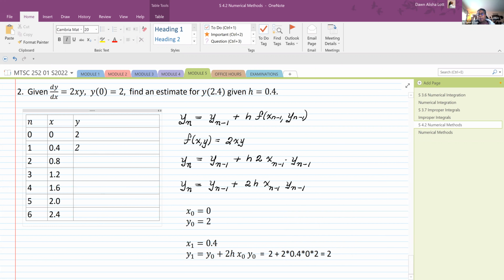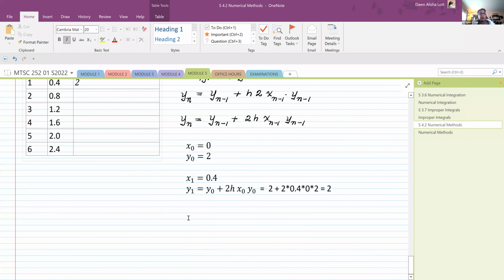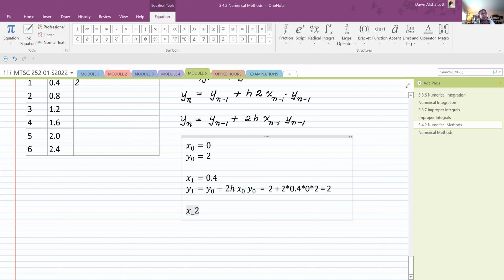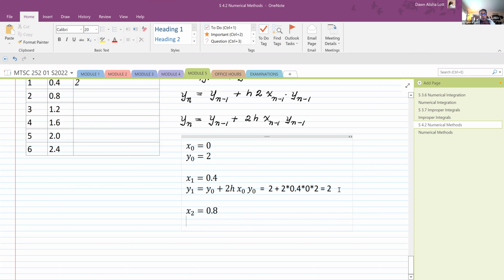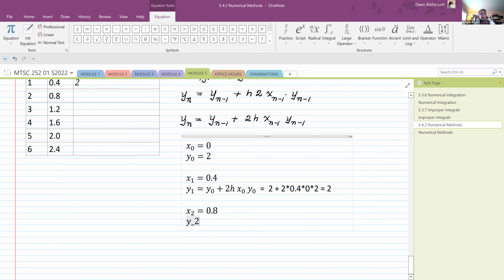All righty. Let's keep going. x2 is 0.8. y2 is going to be y1 plus 2 times h times x1 times y1.